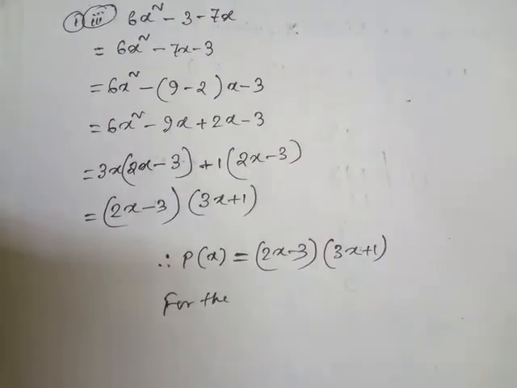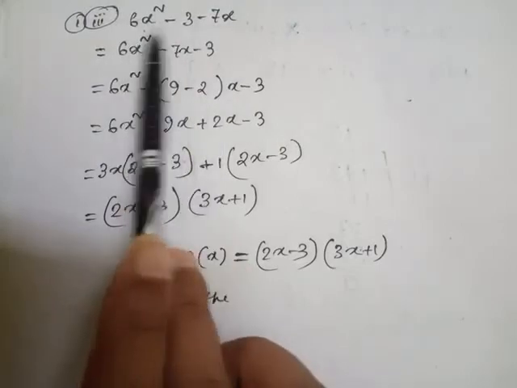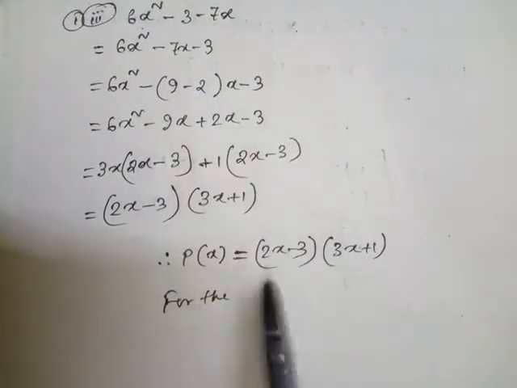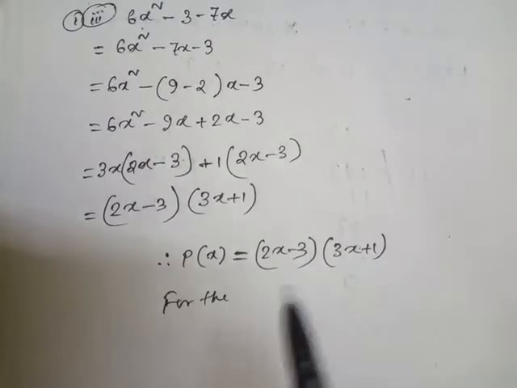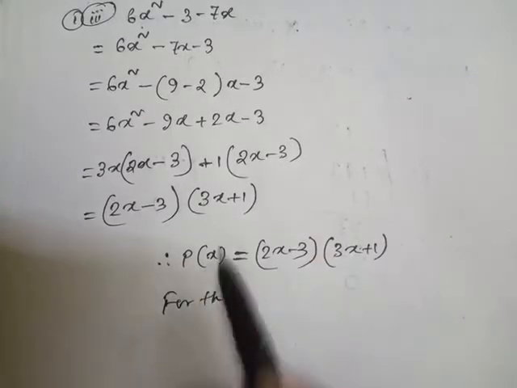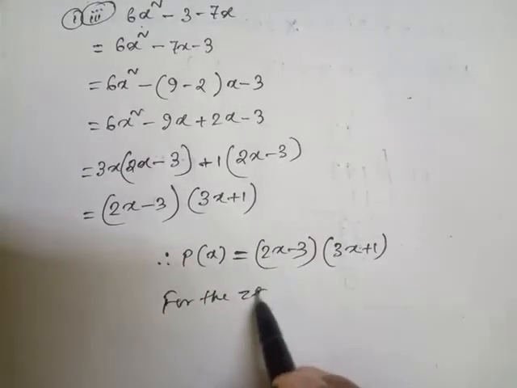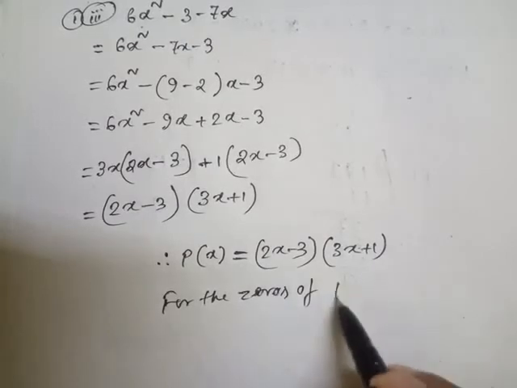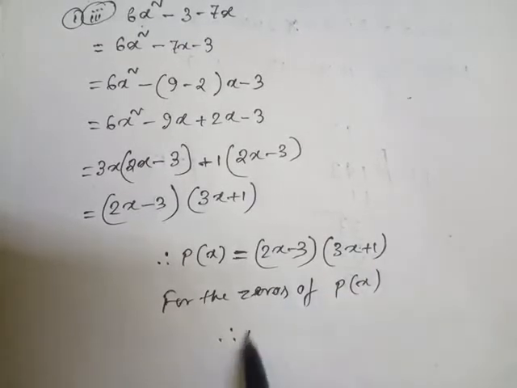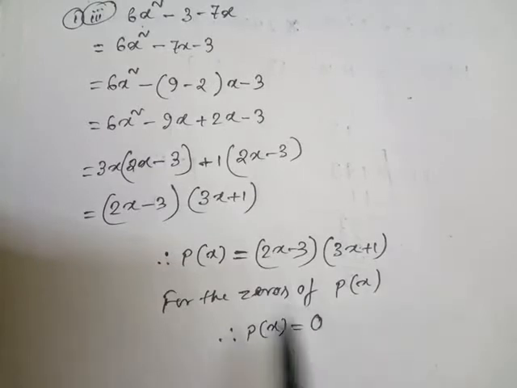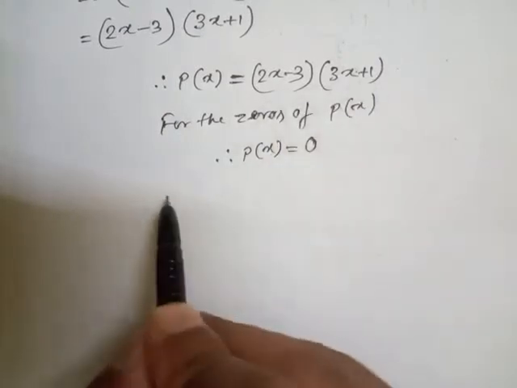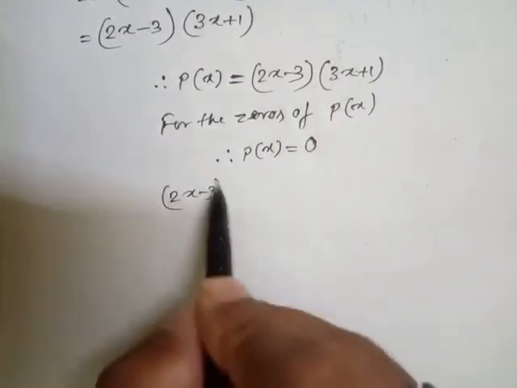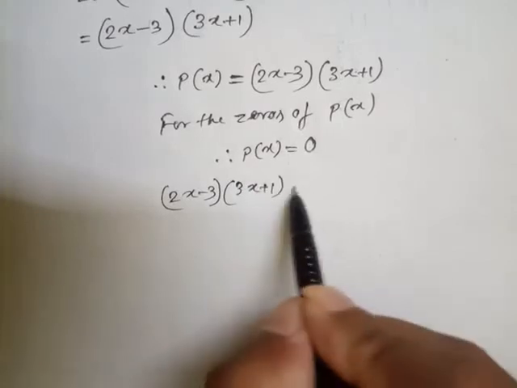Now students, look, this is p(x) given in the question. So p(x) equals 2x minus 3 and 3x plus 1. Now we have to find the zeros of the equation. For the zeros of p(x), p(x) equals 0. In place of p(x) I may write 2x minus 3 and 3x plus 1 equal to 0.